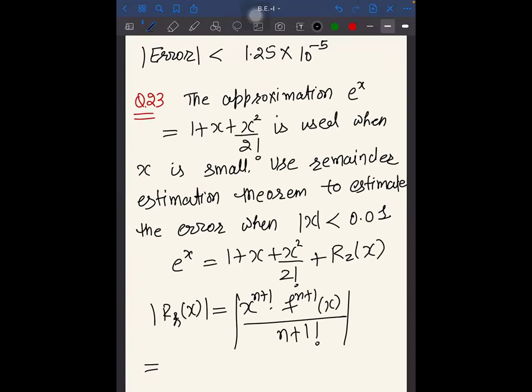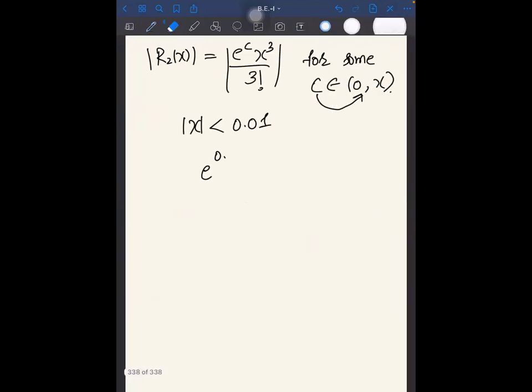Sir, it's 0.1. Okay, you can do it as 0.01 as well, but anyway, I'll do 0.1 in order to make everything in apple pie order. So e raised to power 0.1, 0.1 raised to power 3, upon 3 factorial. You just calculate it and then you get the answer for this.